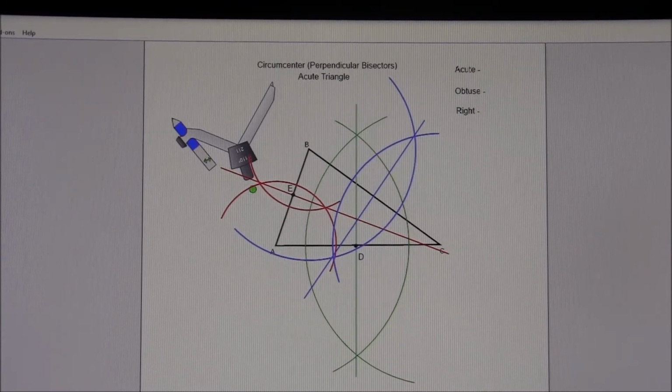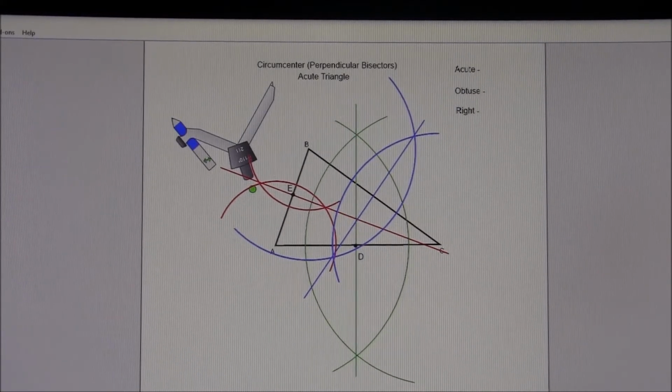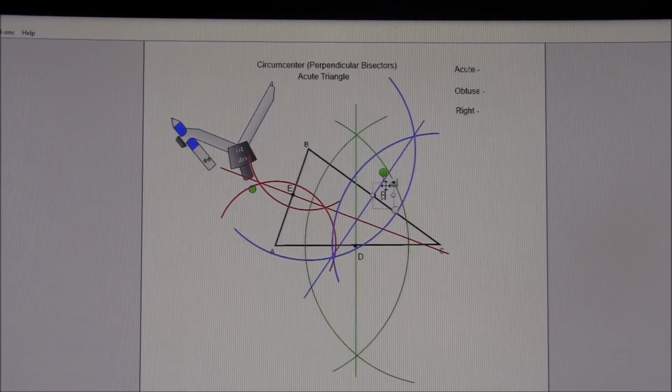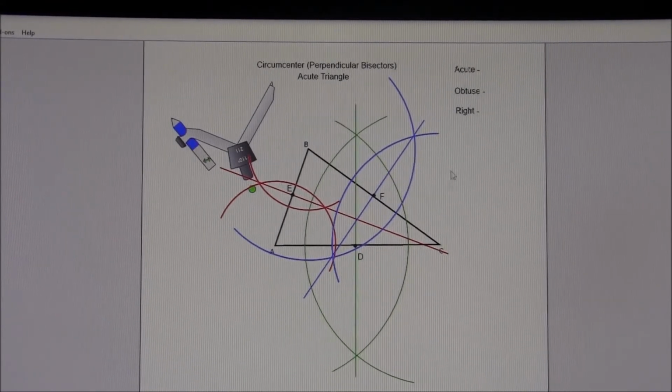Right there. We're on F. Let's mark that point here as F. Okay. Did you notice anything? Look at the blue, the red, and the green.